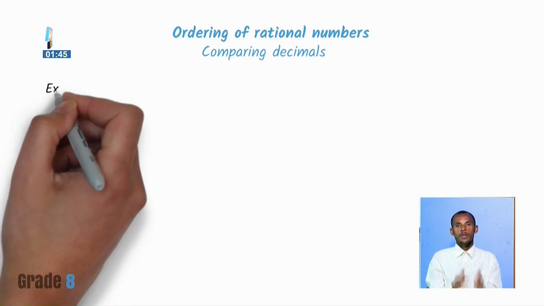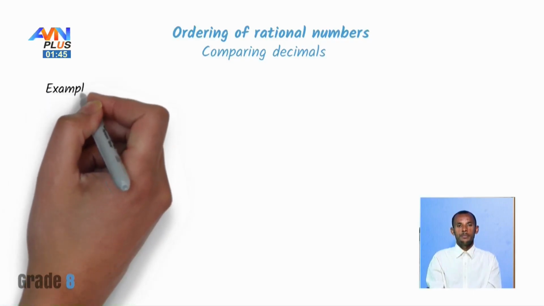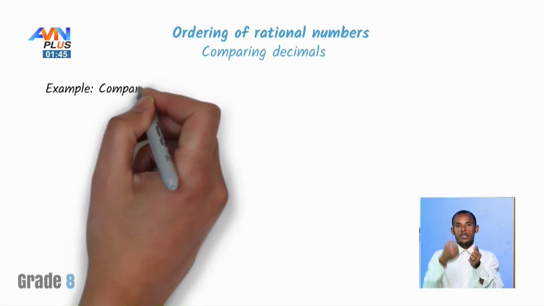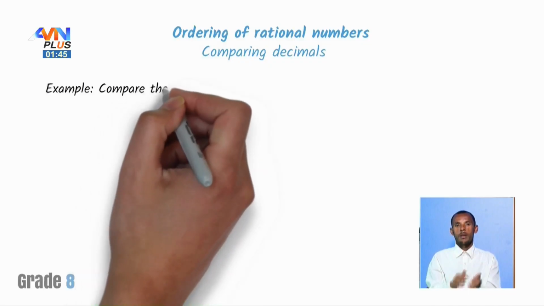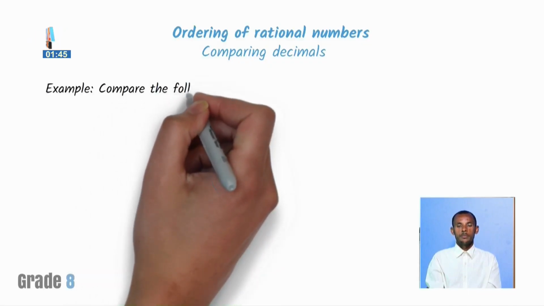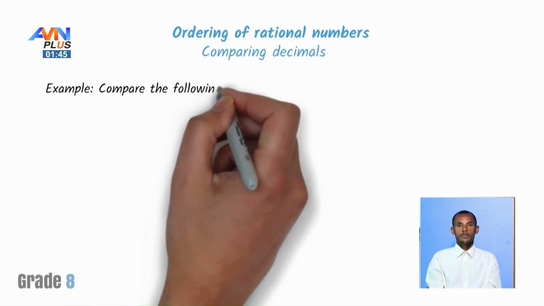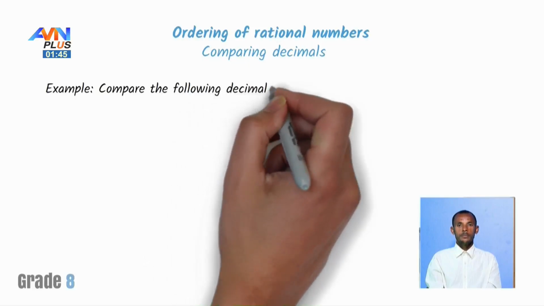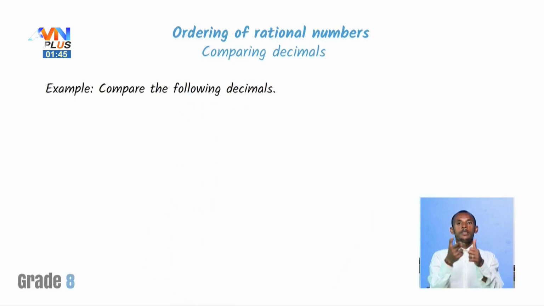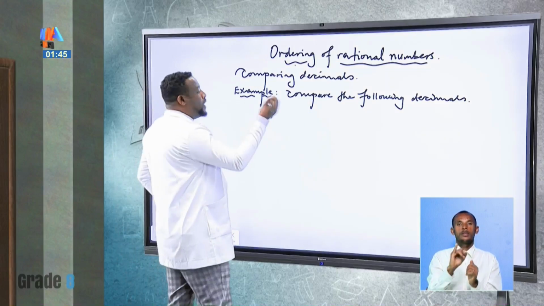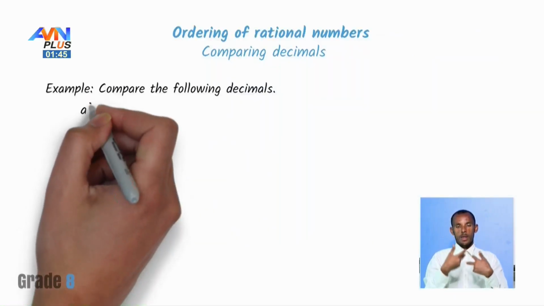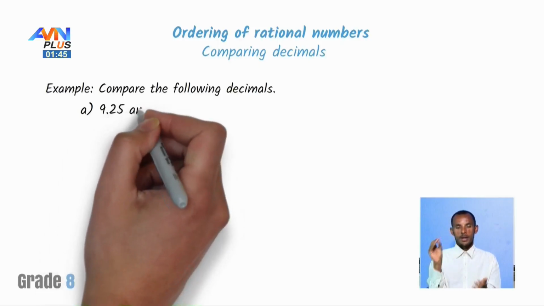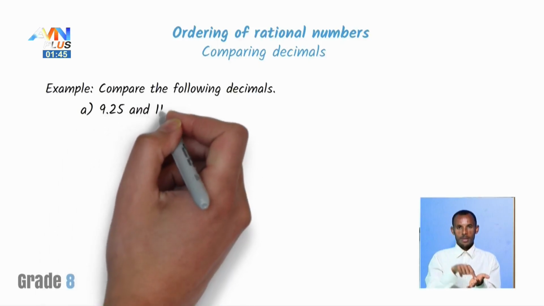Example. Compare the following decimals. The first example is if we have 9.25 and 11.37.